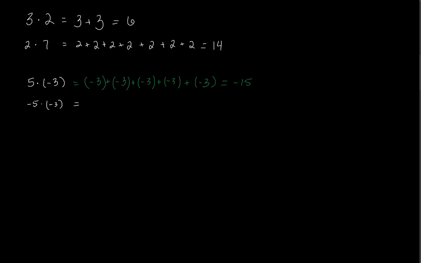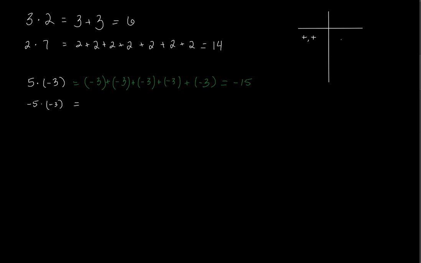So I'm going to let you in on a secret. There's a chart that you can make that helps you figure out what to do. Now, say you have a positive times a positive, like a normal multiplication problem.